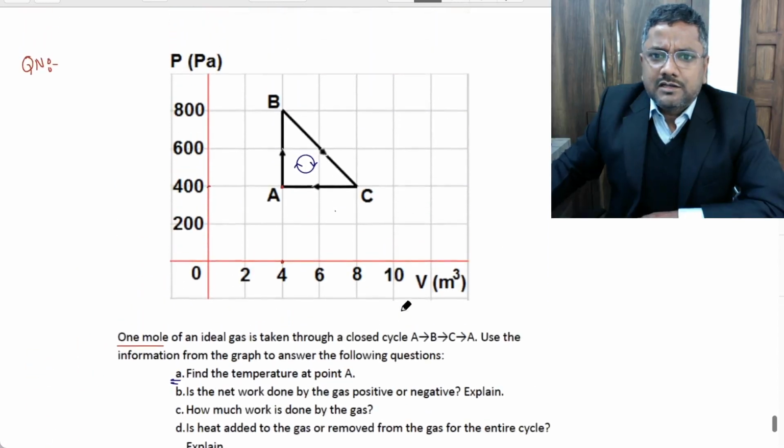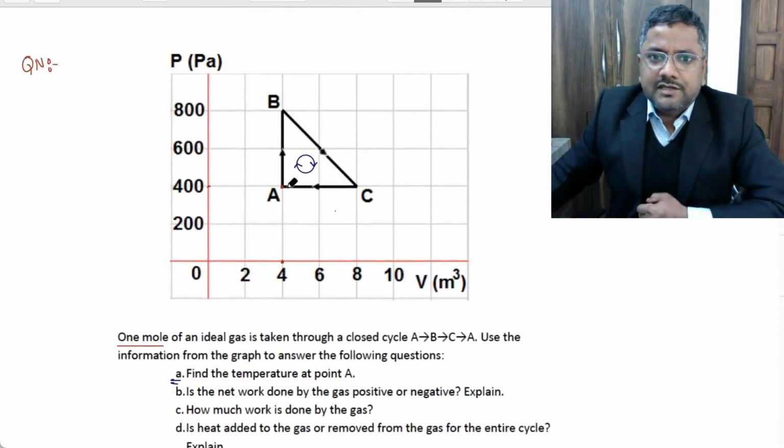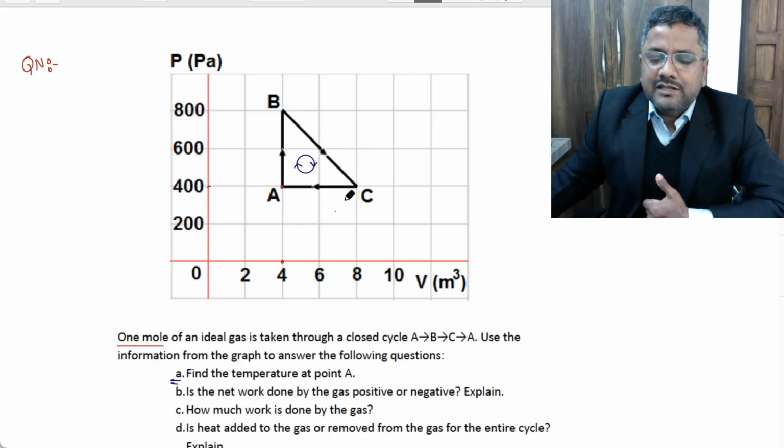And if you want, you can see here that from A to B there is no work, 0 work. From B to C there is expansion, because here 4 and here 8, so there is expansion. And from C to A there is a compression. So in expansion, V2 minus V1 and negative sign already there in the formula, so you will get negative work.